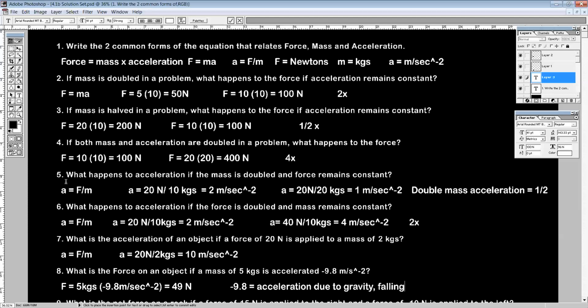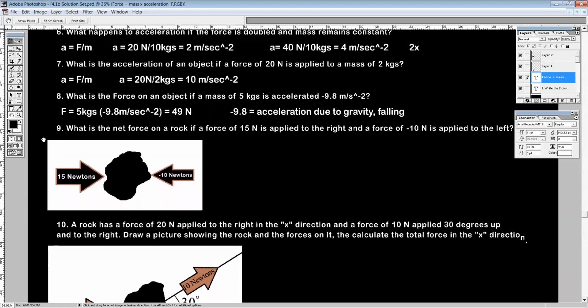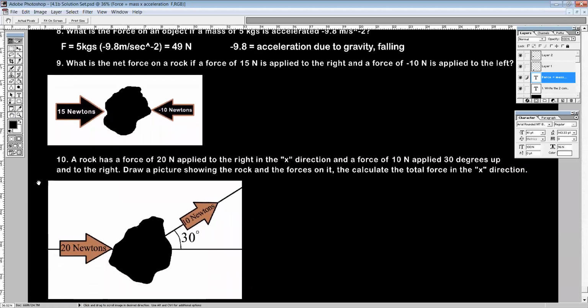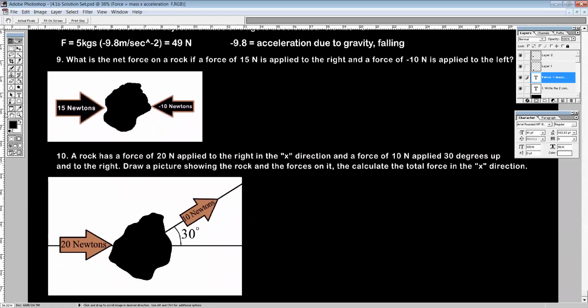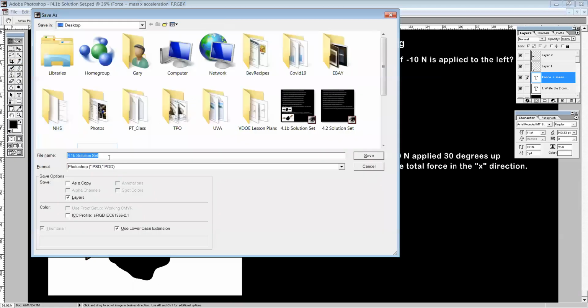All right, let's proceed into 9 and 10. We're going to need to raise our work here a little bit so we can get to it. One second, please. All right, let's do a quick file save. Hang on, let me save that as solution set 1 rev.